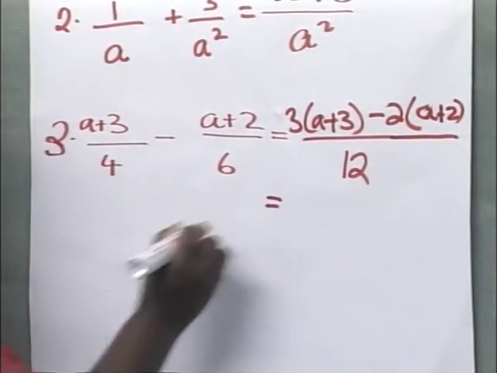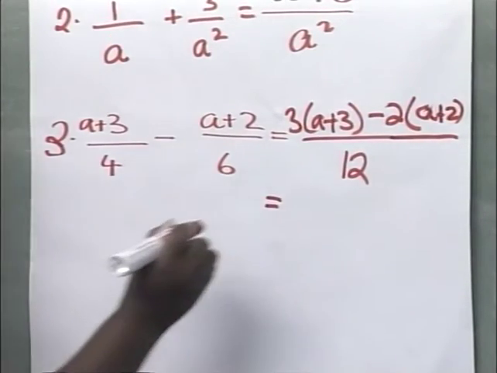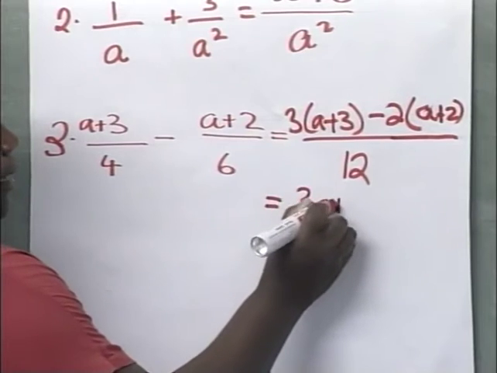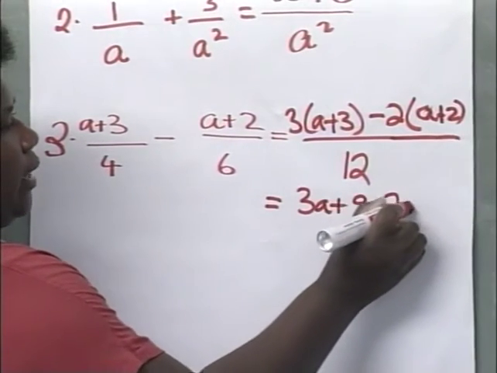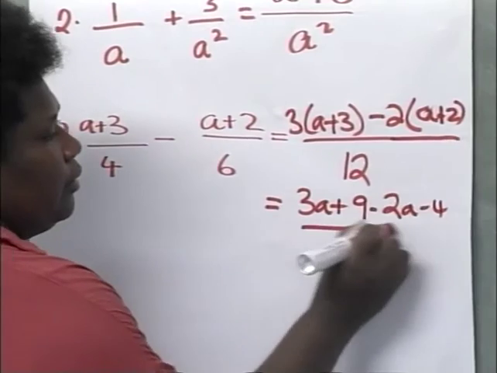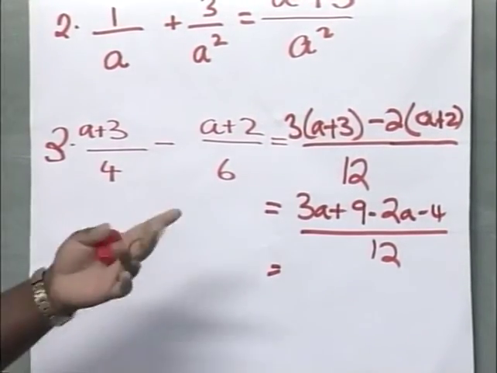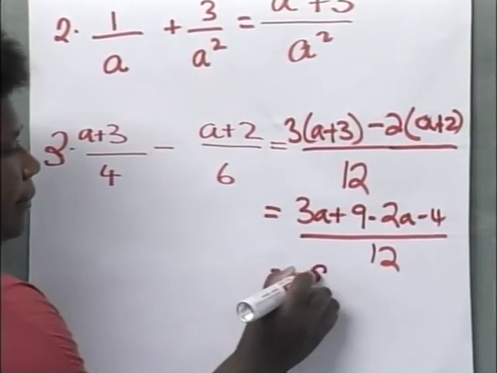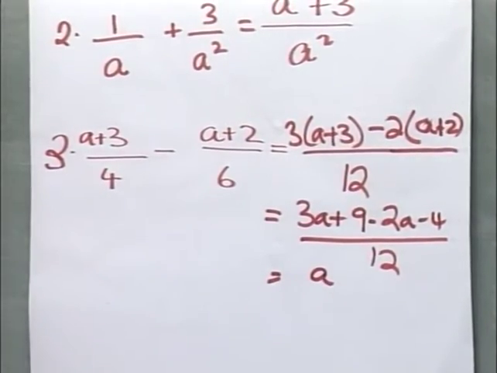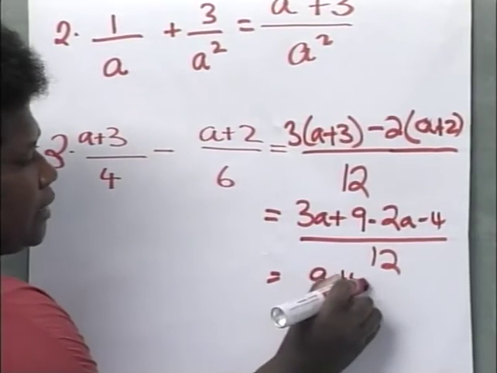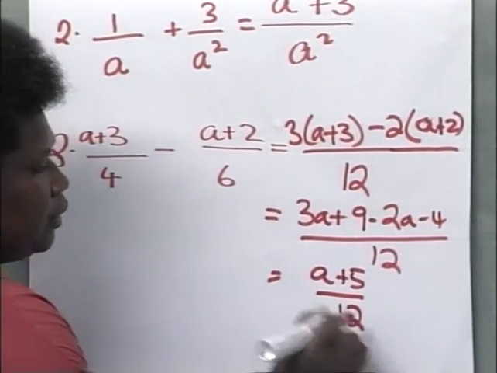And then you expand. We now get 3a plus 9 minus 2a minus 4 over 12. 3a minus 2a is a. 9 minus 4 is 5. So a plus 5 over 12.